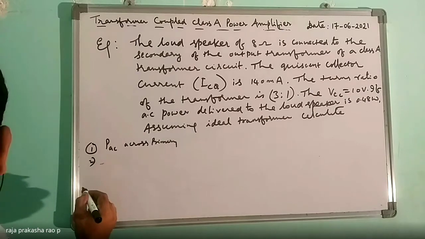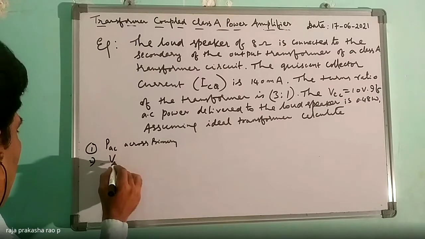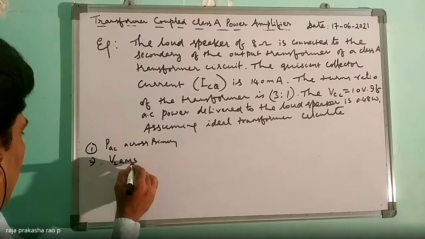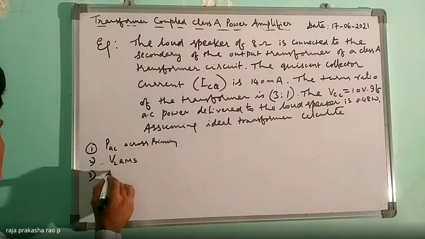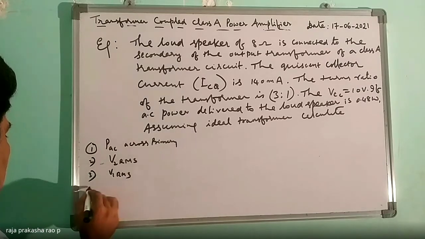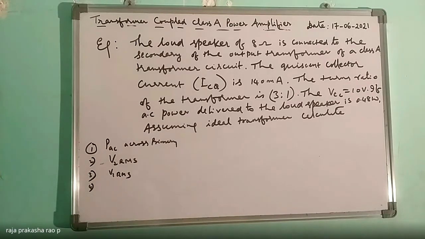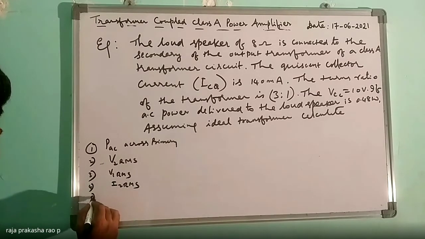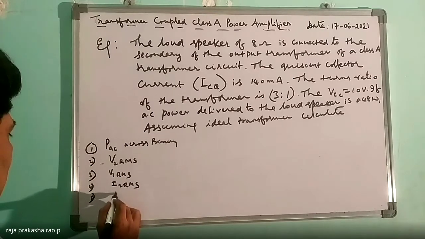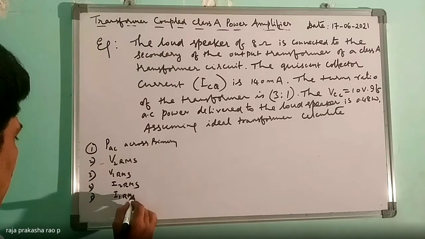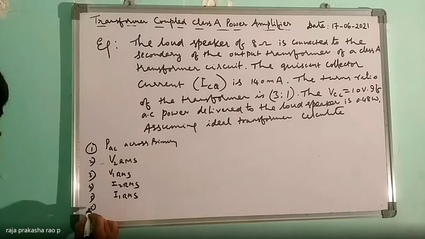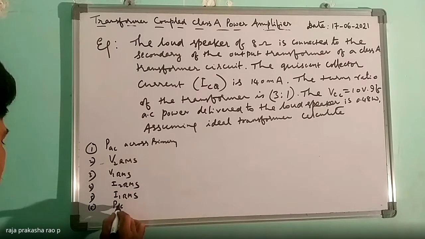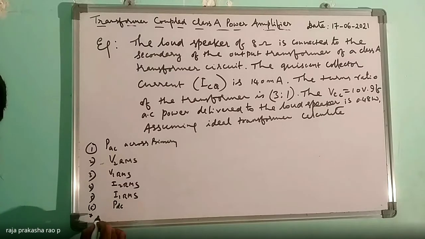Second point is find out V2 RMS. Third one, V1 RMS. Fourth one, I2 RMS. Fifth one, I1 RMS. Sixth one, PDC, DC power. Seventh one, efficiency.